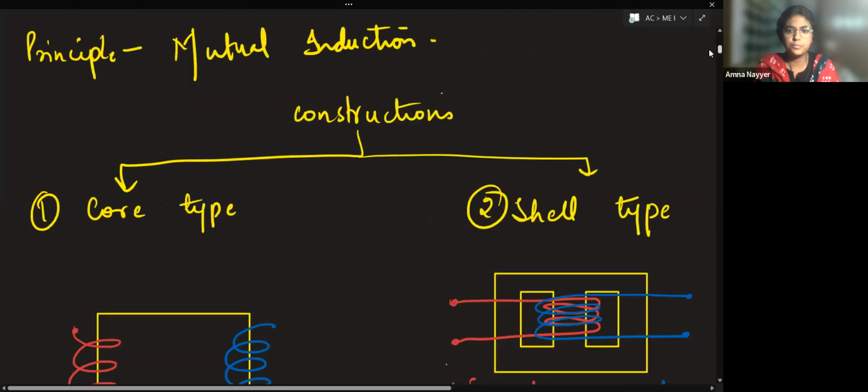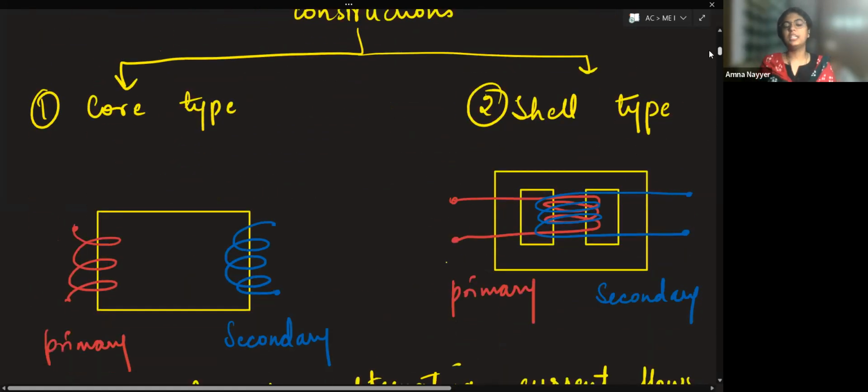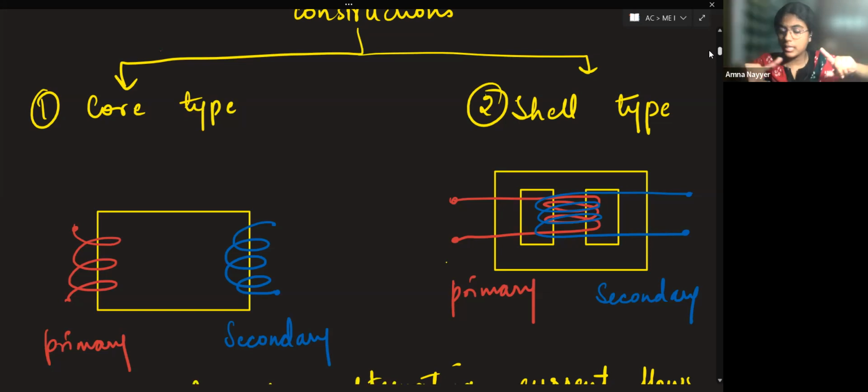I'll show you. If the primary and secondary wire are held on the edges and they are separated, the primary and secondary wires do not touch each other, we say it is a core type transformer.